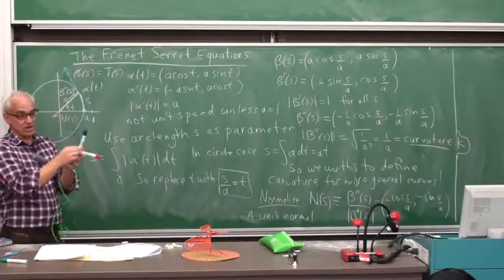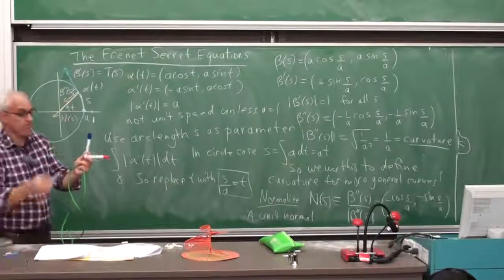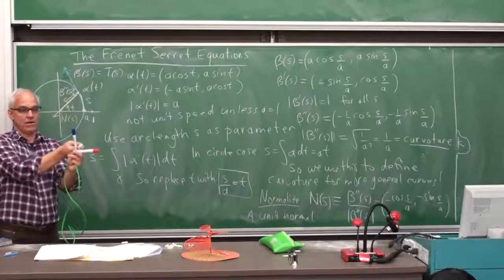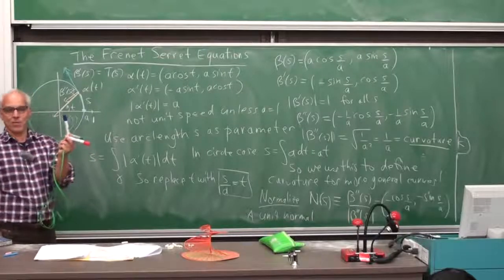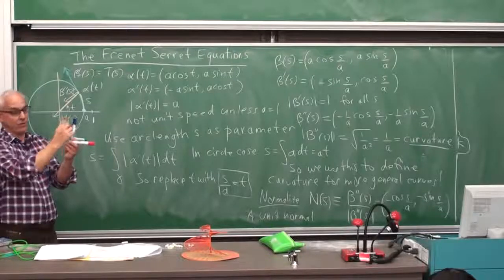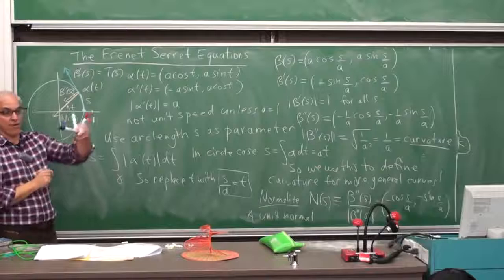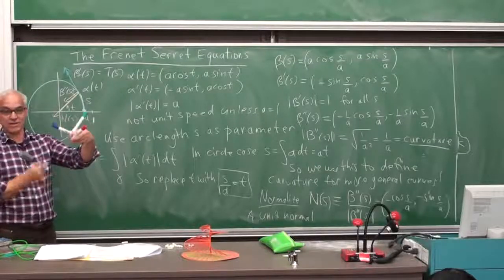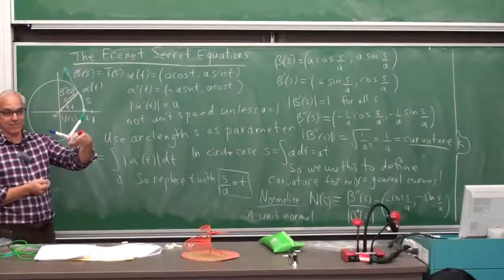And then in addition, with a right-handed frame, a third vector called the binormal vector, which together with the tangent and the normal vector forms a right-handed system of 3 unit vectors, like i, j, and k.